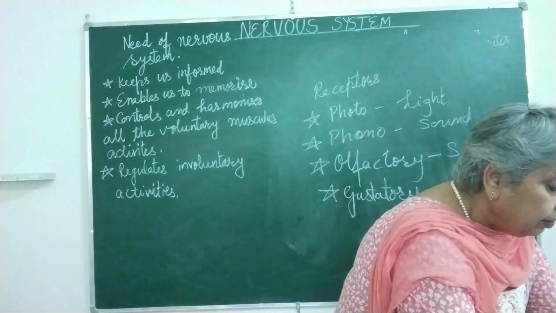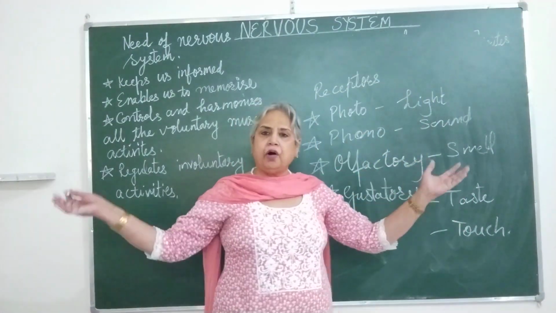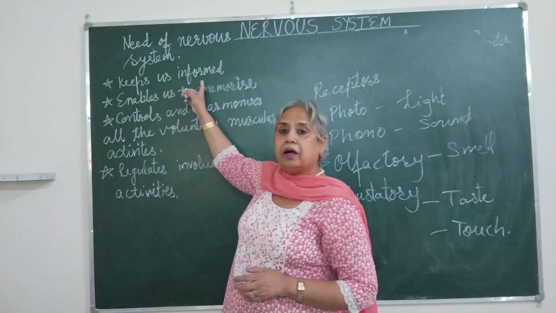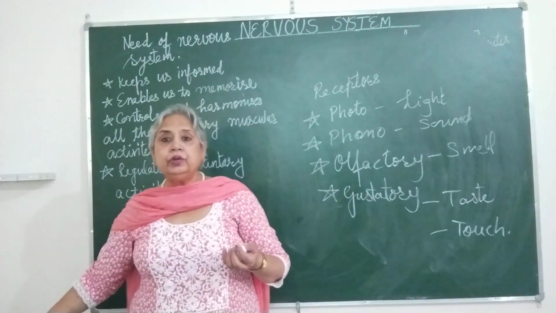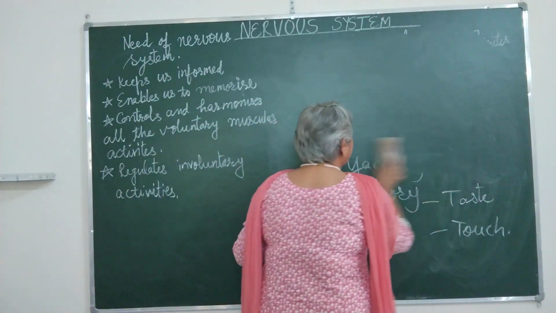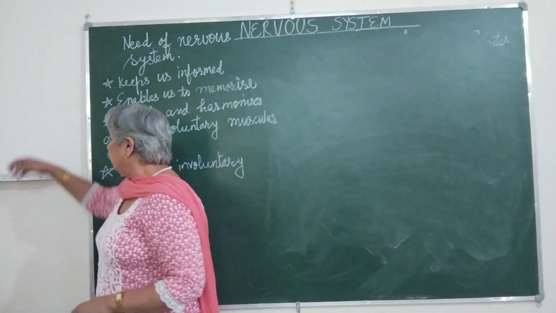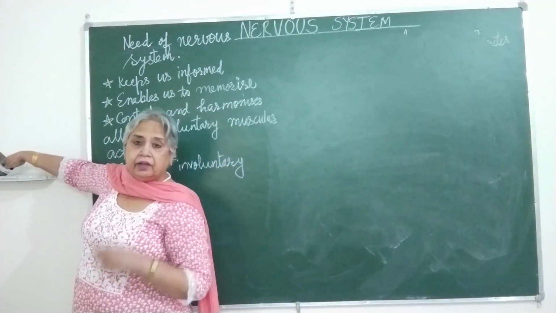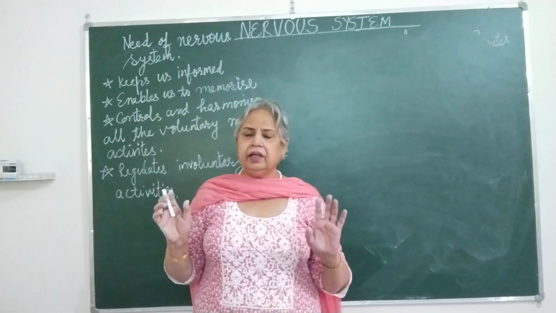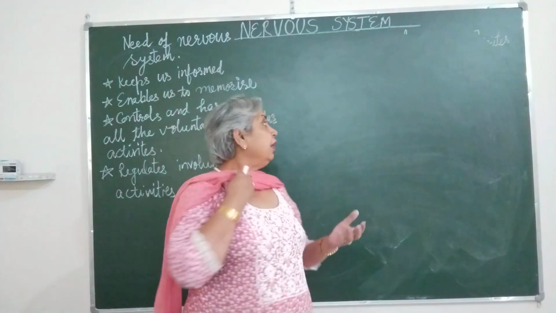So now the receptors are taking the message from the environment, right? That is, they are keeping us informed. So how do they keep us informed? So whenever there is change in light, when there is very bright light entering your eyes, you immediately close your eyes without even thinking. Something goes into your nose, you sneeze, right?